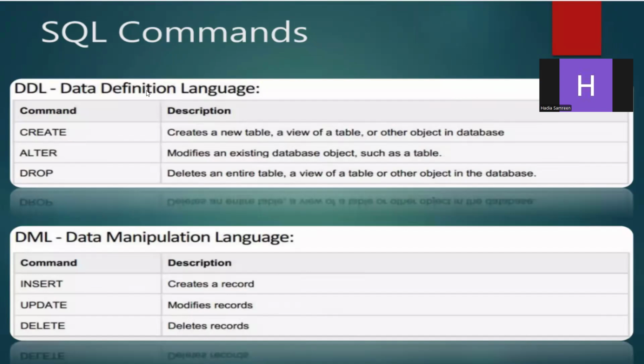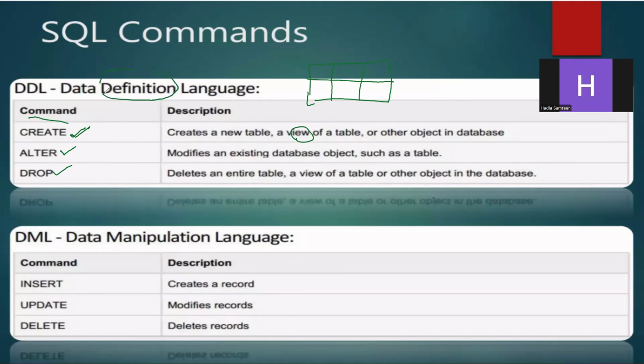Data definition language, as the name suggests, defines the data. So how does it define it? In data definition language, we have some commands like create, alter, drop, etc. What does the create command do? It creates the structure of the table, a view or structure of the table in the database.